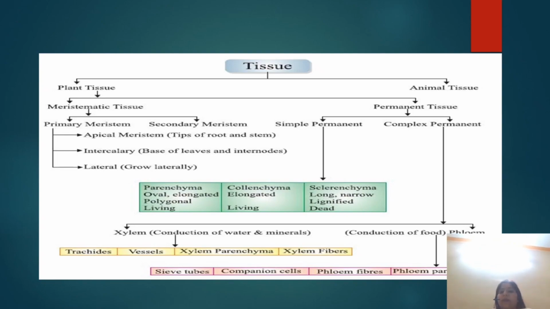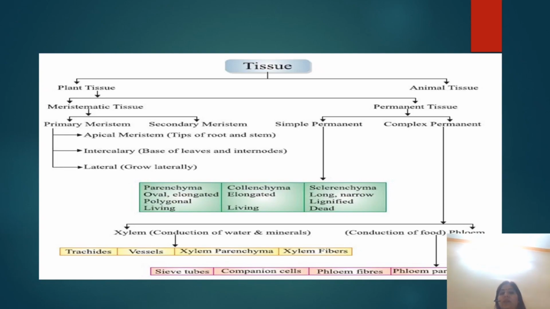Simple permanent tissues are of three types: parenchyma, which are oval, elongated, polygonal living cells; collenchyma, which are elongated and living cells; sclerenchyma, which are long, narrow, lignified, dead cells. Then we have complex permanent tissue, which are of two types: xylem, which helps in the conduction of water and minerals, and phloem, which helps in the conduction of food.